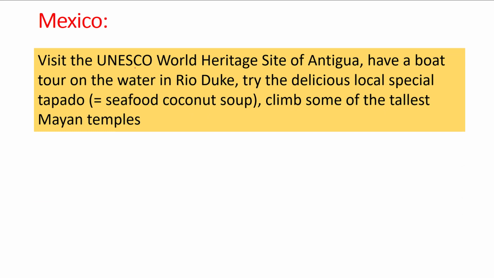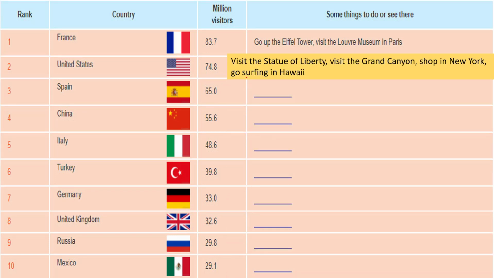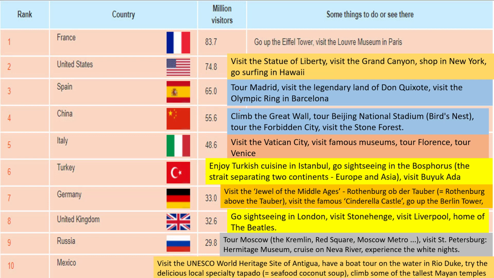In Mexico, you can visit the UNESCO World Heritage Site of Antigua, and you can also have a boat tour on the water in Rio Dulce, or you can try the delicious local specialty tapado, seafood coconut soup, and you can climb some of the tallest Mayan temples. So, that's the table. We have already read them. We have finished this table before, and you can also read it one more time here.